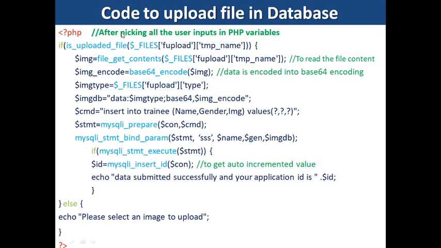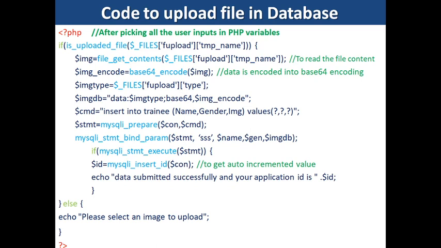So if the file is present in the tmp folder, which is in the WAMP64 folder, then we will read the content using the file_get_contents method, and then we can encode it, or encode later on, and then we'll read the mime type $imgtype from $_FILES f upload, and then we will read the size of the file.